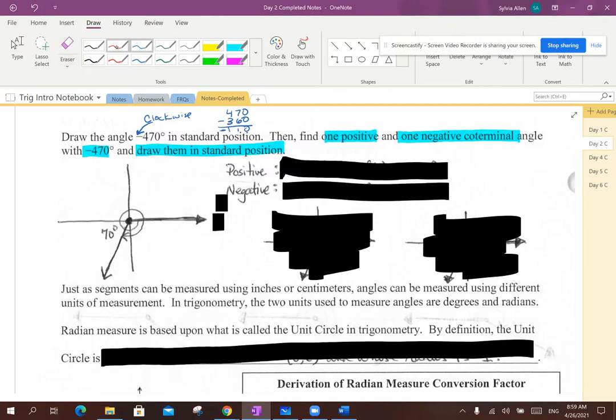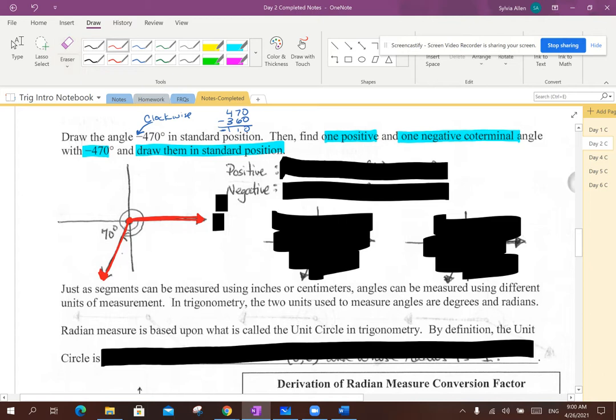All right, so as I draw this, my first one is the initial side. I know that I am going to end up at 110, but I'm going clockwise. So 110 is a little bit more than 90, right? So from here to here is 90 and a little bit more. This is going to be 20 degrees more, right? So 90 here, 20 here. So that means it adds up to 110. That's my terminal side. I use that to help guide me.